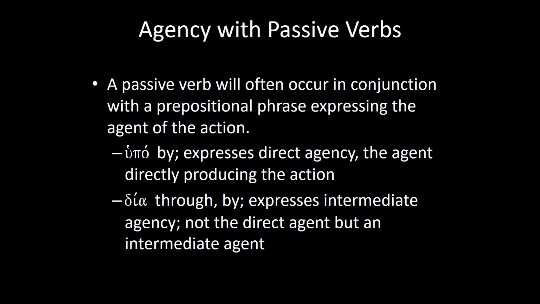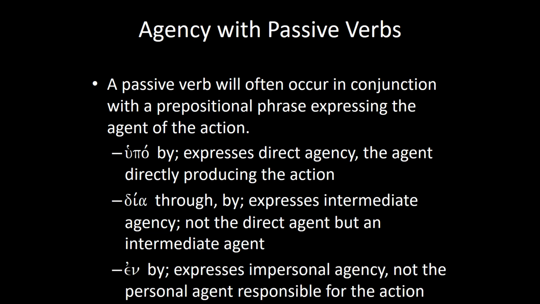Hupo. Dia: if a prepositional phrase begins with dia, it expresses intermediate agency. Not the ultimate agent, not the direct agent, but the intermediate agent. And then you can have en, the preposition en, which can express impersonal agency.